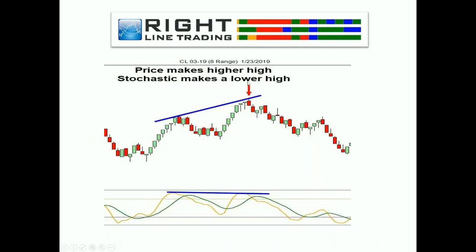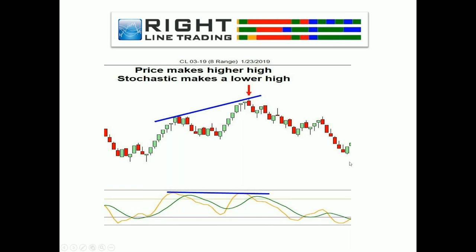Now, here's a chart that I made recently of crude. Crude makes a higher high, but momentum doesn't increase. So the acceleration or speed with which the market moves up here is equal to the speed with which it moves up here, and a higher price should be associated with a greater amount of momentum.